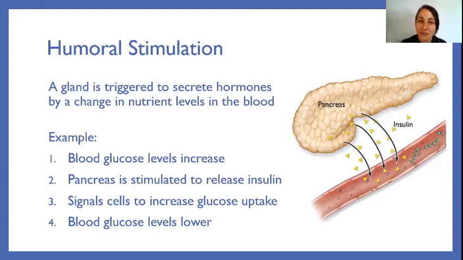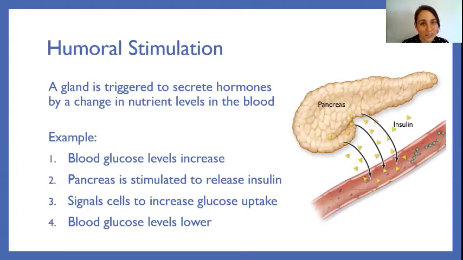Your blood glucose level went up. Now the pancreas was monitoring that, and it wasn't told by the pituitary gland. Instead, it monitored the blood, saw the changing nutrient levels of glucose, and it put out insulin, a hormone to counter that and to cause the body to increase the uptake of glucose, bringing the level back down.